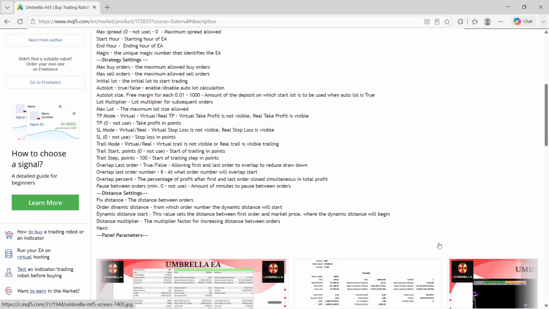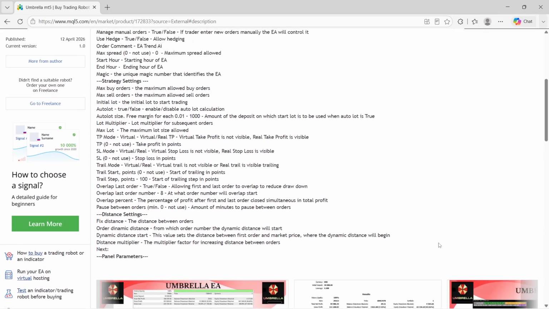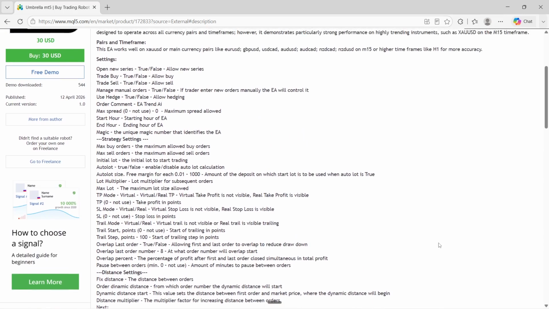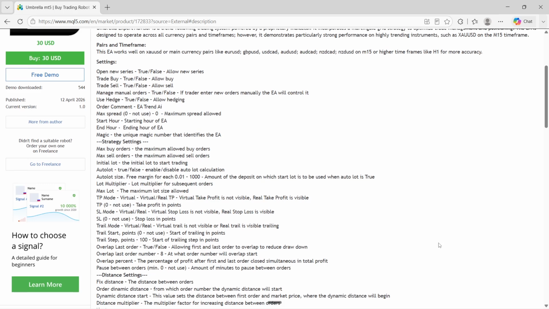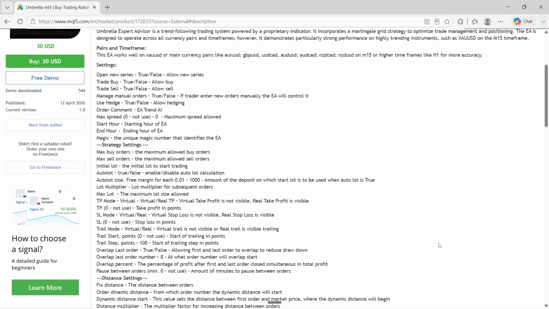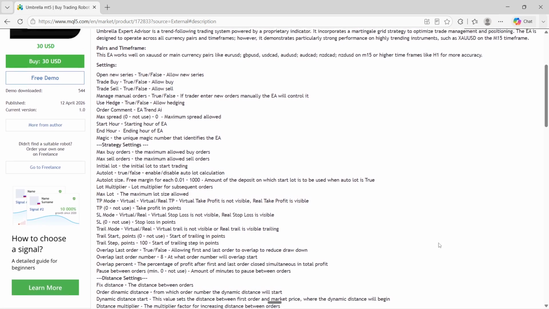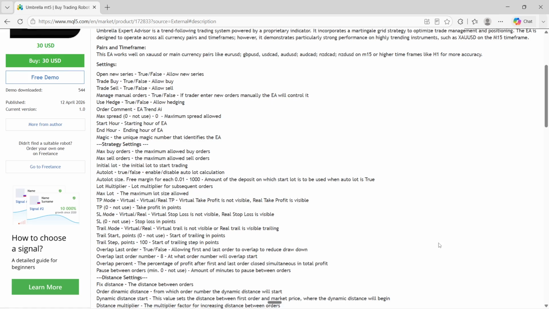Alright, so the proprietary indicator aims to bias entries towards the prevailing trend, which can reduce the frequency of recovery sequences in trending markets. On gold M15, this can work during clean directional phases, but the same logic can struggle when the market ranges or reverses sharply.